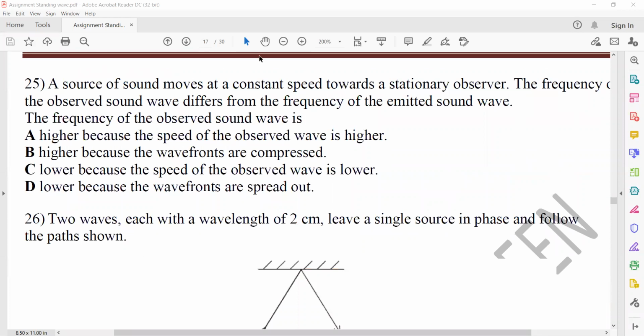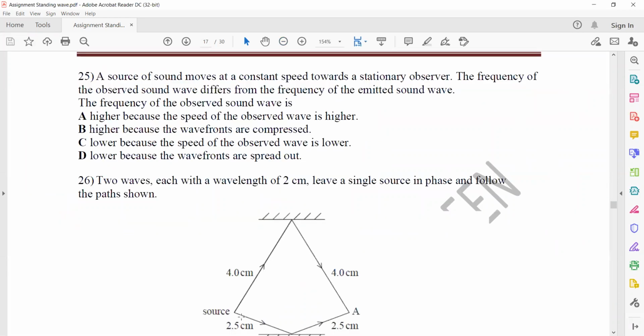Question 25. A source of sound moves at a constant speed toward a stationary observer. This is related to the Doppler effect, the relative change in frequency due to motion of the source or observer.